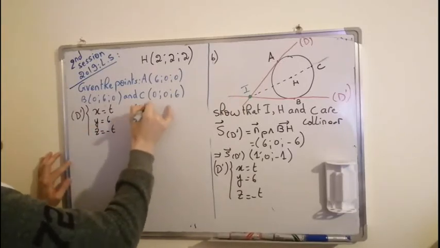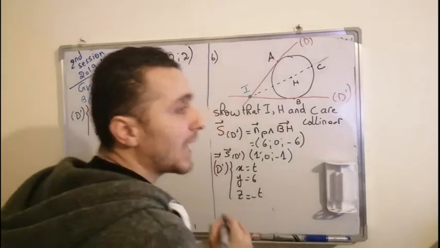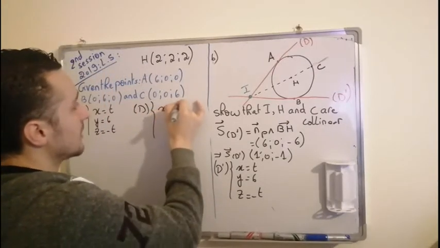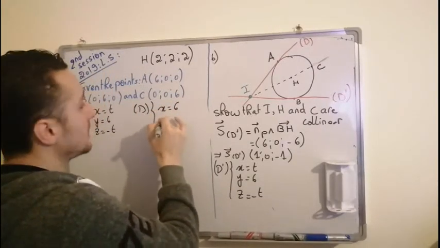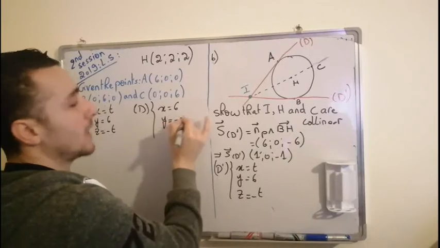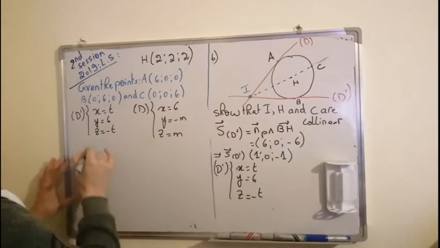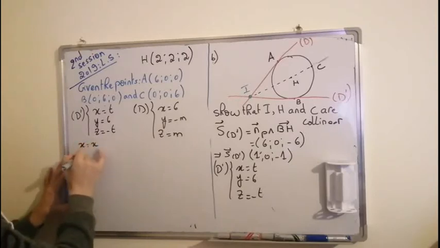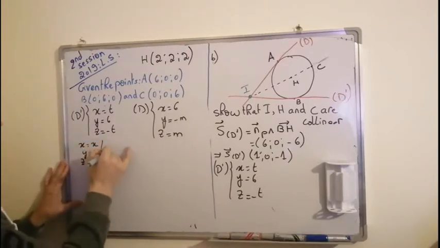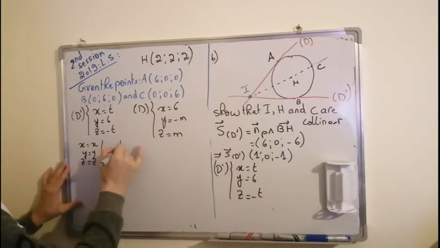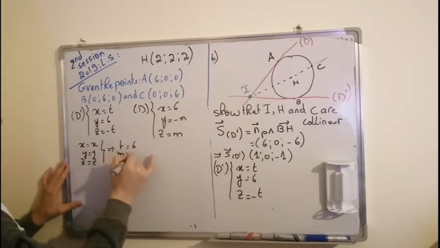The line D can be given in terms of m: x equals 6, y equals minus m, and z equals m. Setting x equals x, y equals y, z equals z, we obtain t equals 6, m equals minus 6.